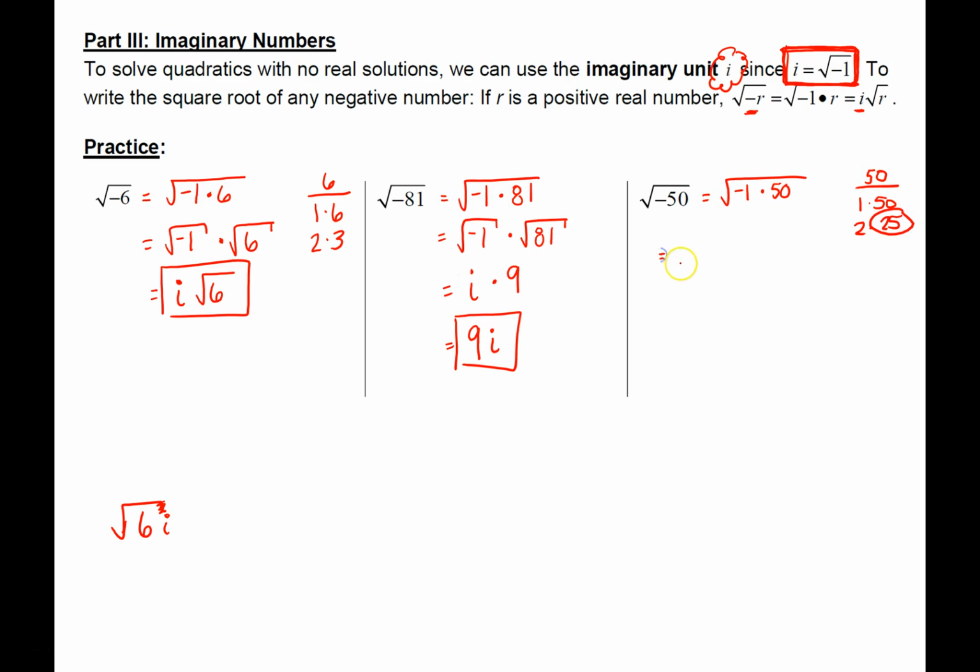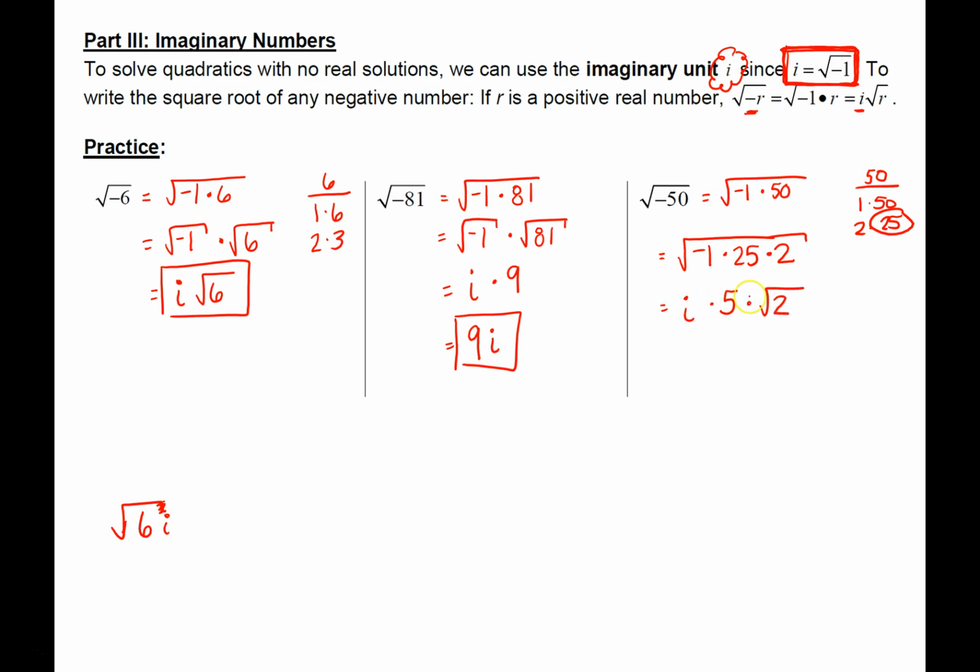So I'm going to rewrite this as the square root of negative 1 times 25 times 2. Now, you can break this up into separate pieces as you want. I'm going to skip that step just because I'm hoping that you're seeing the pattern now. The square root of negative 1 is i, so the i comes outside. The square root of 25 is 5, so the 5 comes outside. And the square root of 2 does not simplify, so I'm going to leave that square root with the 2 inside.